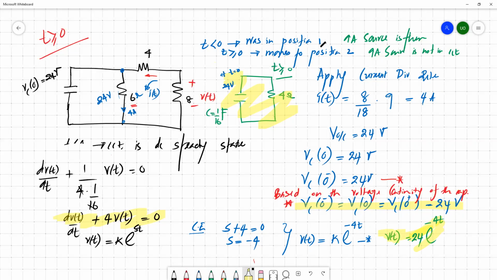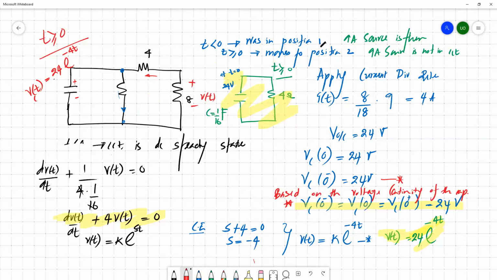So here, this is basically discharging, and the voltage across the capacitor is actually 24 e to the power minus 4t.